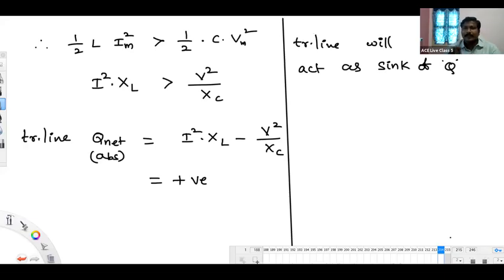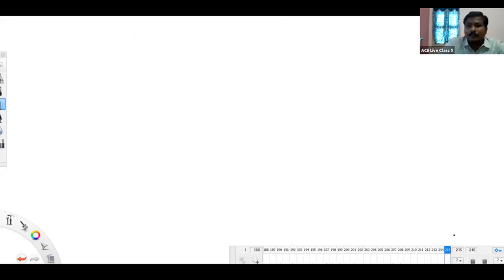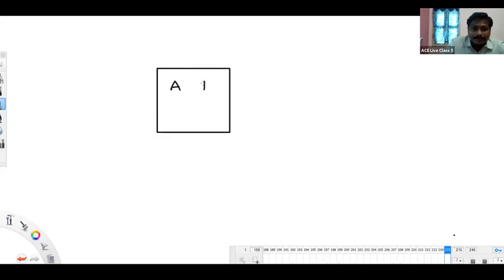So let us take up the two-port network model of the line to discuss this. I am taking the two-port network model of the transmission line like this, with ABCD parameters.